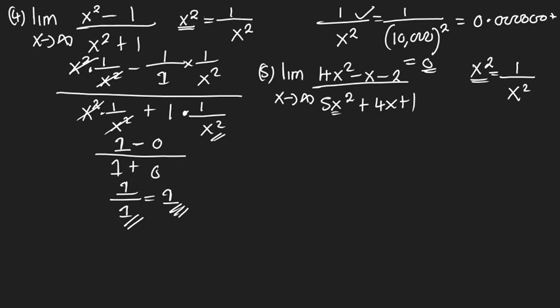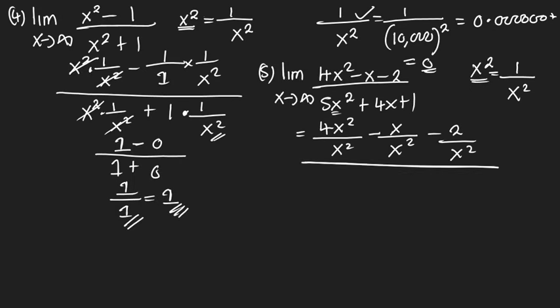Now, notice what is going to happen. If you do that, you're going to have 4x^2 over x^2, minus x over x^2, minus 2 over x^2, then all over 5x^2 over x^2 plus 4x over x^2 plus 1 over x^2.